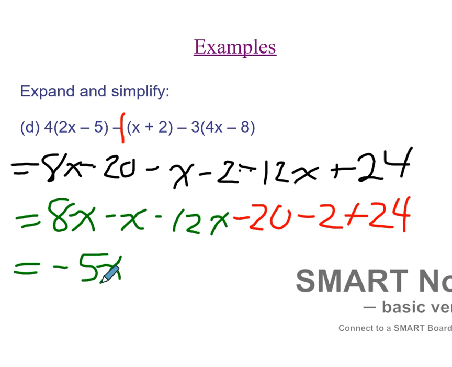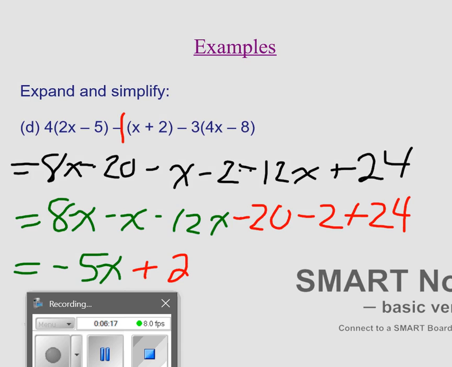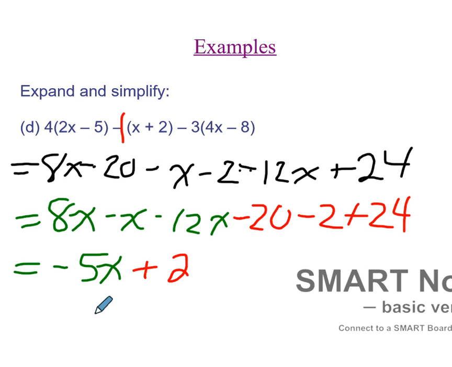Negative 20 minus 2 is negative 22. Negative 22 plus 24 becomes positive 2. And that's our final answer because we don't have any more like terms. And that is how you collect like terms and use the distributive property.